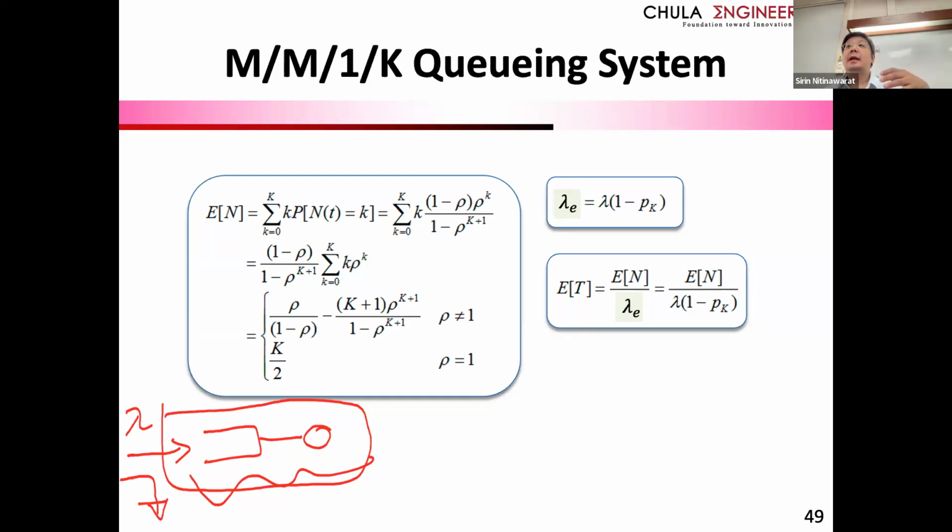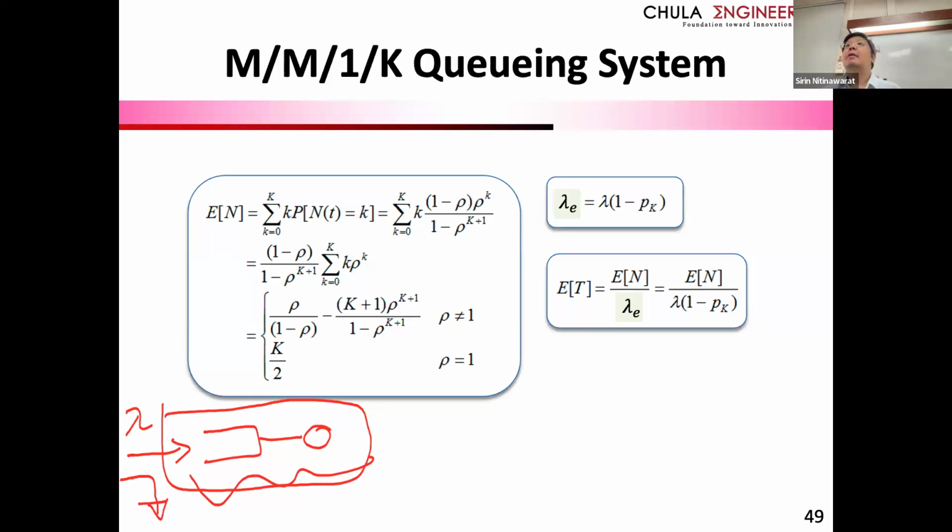That means the AT will not be incremented, and that incoming customer completely disappears from the arrival process. So we need to account for the rate of rejected customers in Little's formula to be able to apply it precisely.